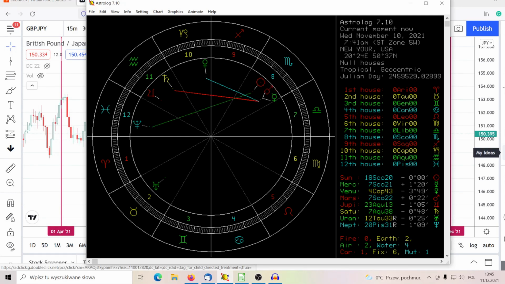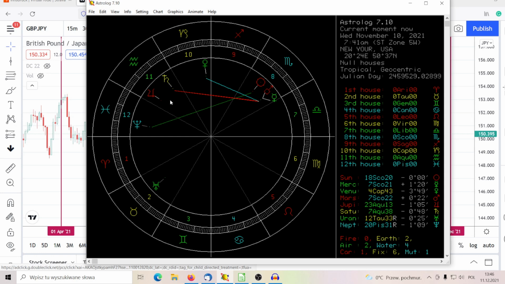I observed that when one conjunction between a fast moving planet and a slow moving planet occurs, usually the reversal takes place when the conjunction is nearly over. So, how to say, anyway, the conjunction of two planets, as in the example, as well as there was a square with Saturn.